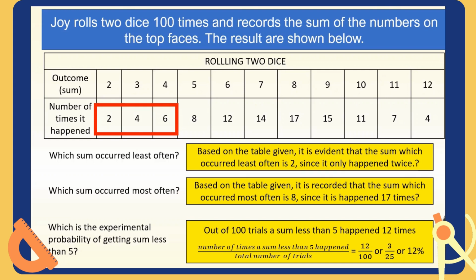Then, yung 100, i-divide natin sa 4, that is 25. So, 3 over 25. Or, meron siyang 12%. Okay? Meron siyang 12% na mangyayari. 12% na yung sum ng less than 5 happen. Okay?